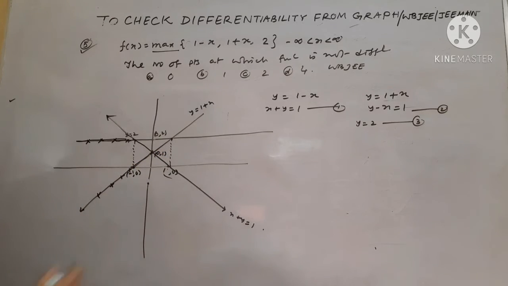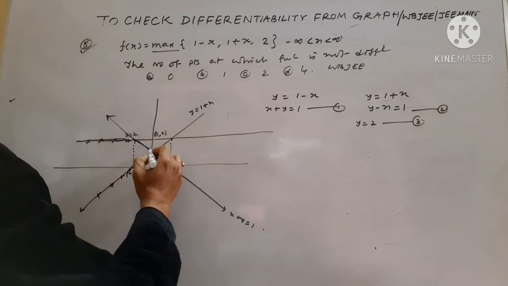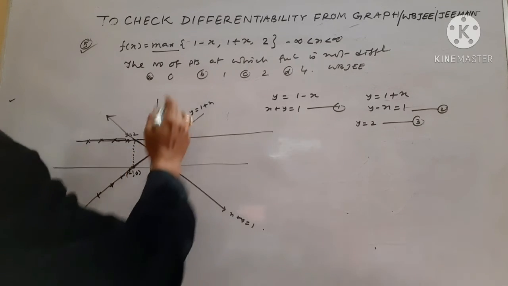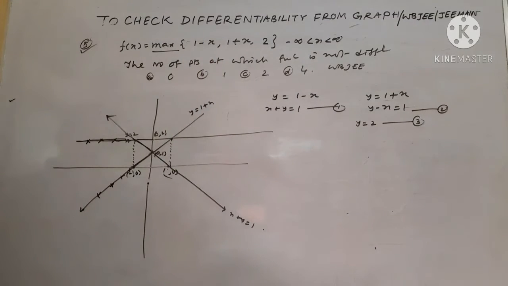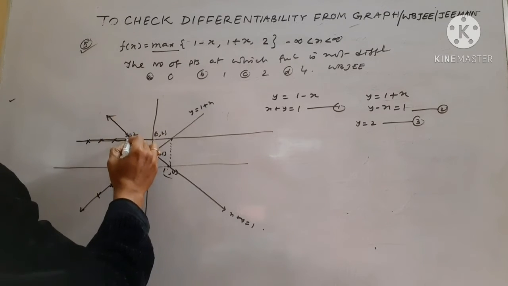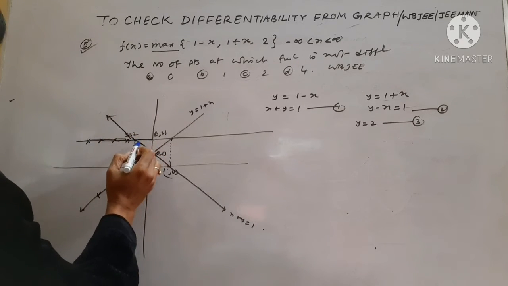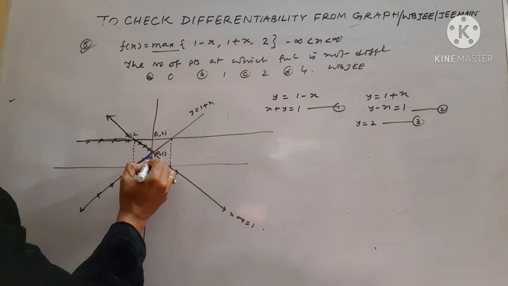Then x equals to 0. This is 1, this is second, this one is third. So this is maximum. So this part is present, then maximum. This is maximum. So this part is cancelled out. This part is cancelled out.